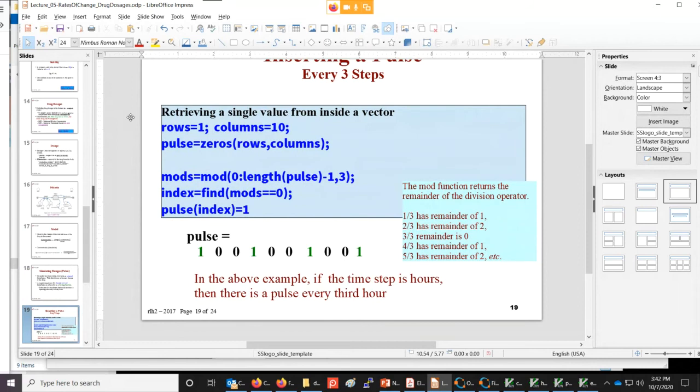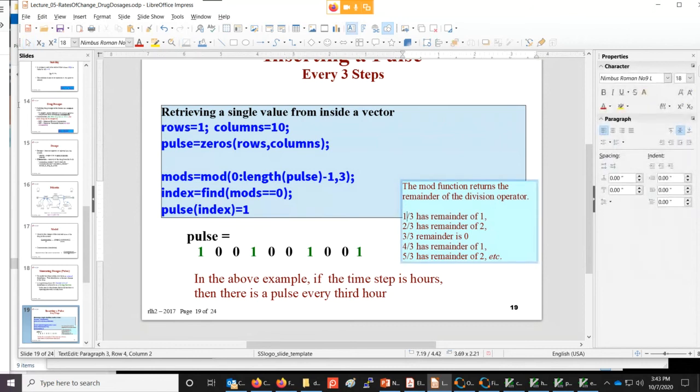Well, there's a special function called the modulus function, okay? It's actually just spelled mod in here, but you've probably heard modulus talked about before, right? The modulus is effectively the remainder of the value. So if you see here, I'm using a modulus of 3, which means I'm dividing by 3.